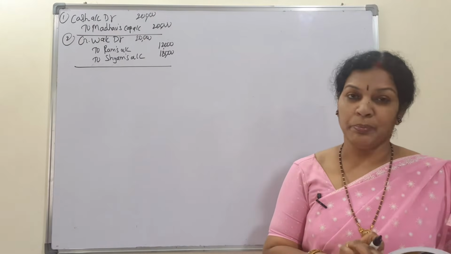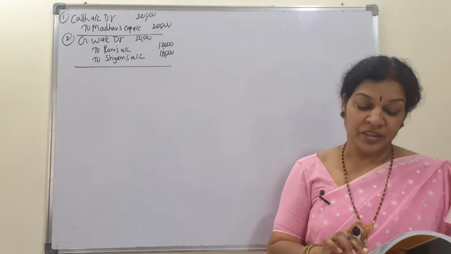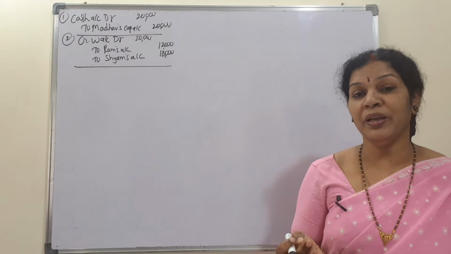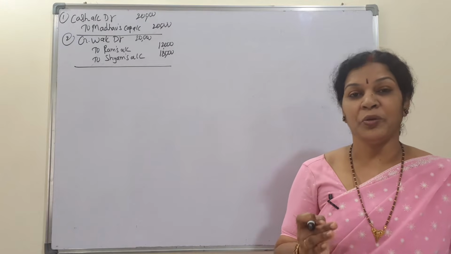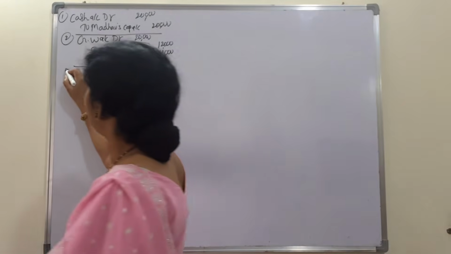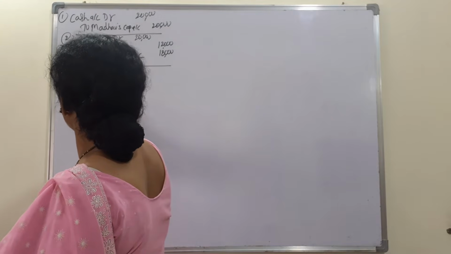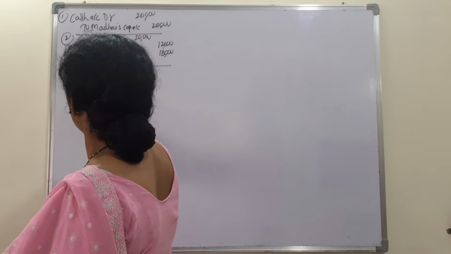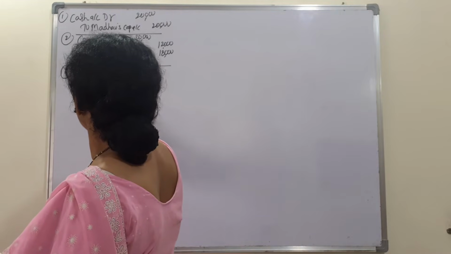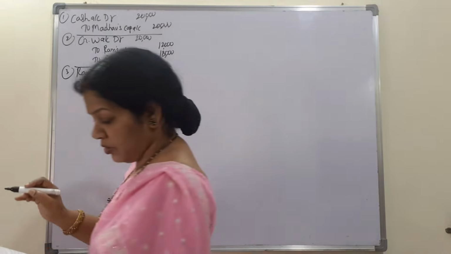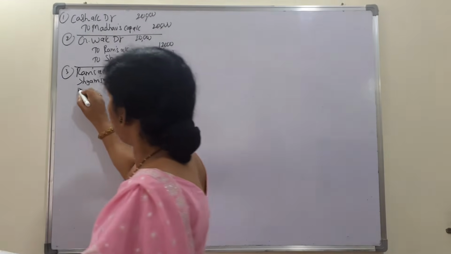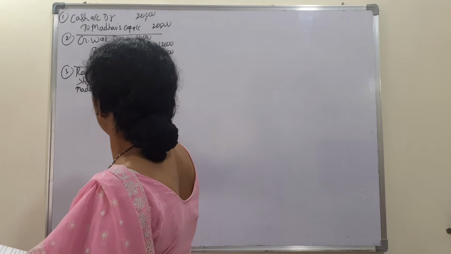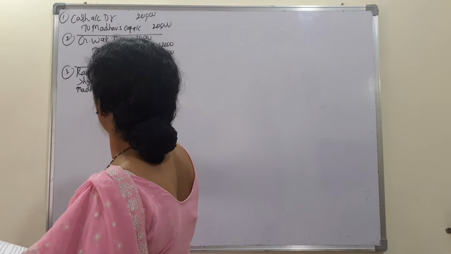Next, the same point, it has been decided to create and write it off completely. When we want to write off goodwill, all the partners' accounts debit to goodwill account. Ram's account debit, Shyam's account debit, and the new partner Madhav's account debit, to goodwill account.